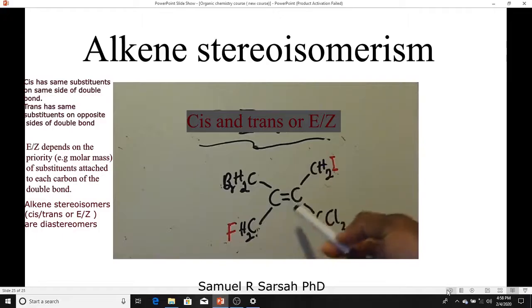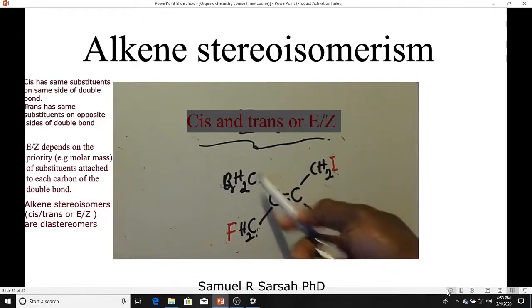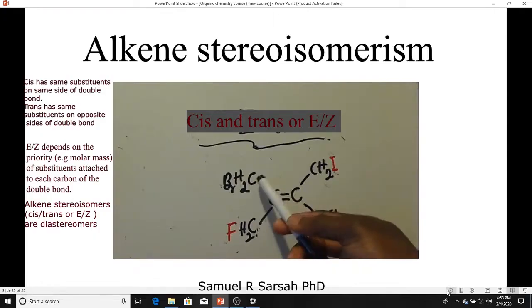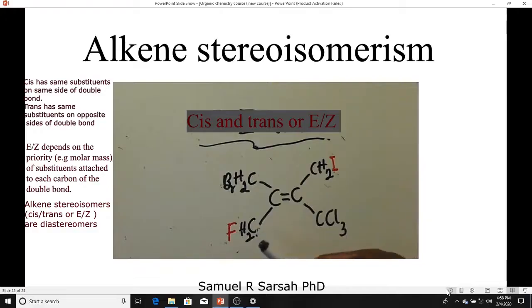So we have this molecule. Now let's examine this side. On this side, this carbon is bonded to carbon. So we have to check which elements are bonded to this carbon.